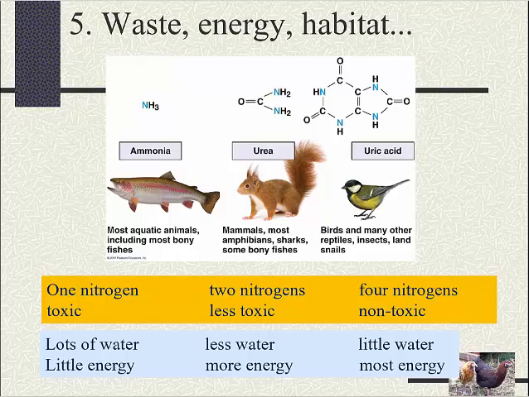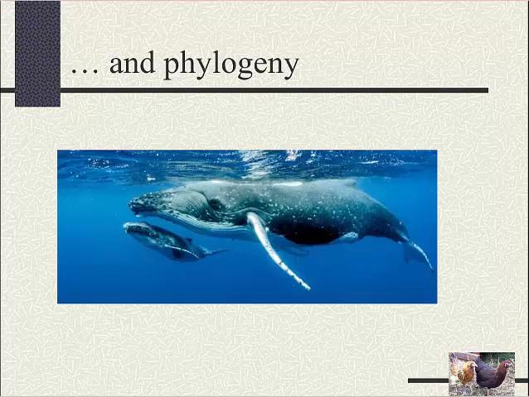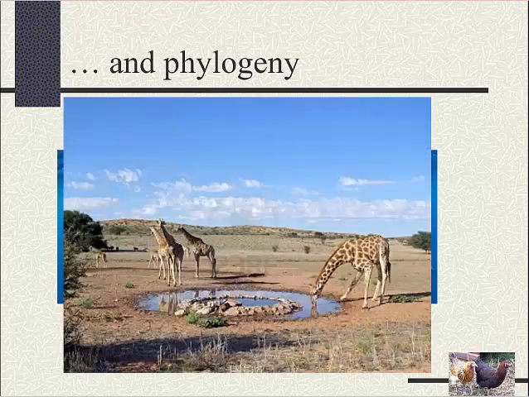So the choice of waste product links to the energy need and availability of the different organisms, their habitat, whether there is water or not, and their phylogeny, meaning their evolutionary relationship, their ancestors, what was present in the ancestor, which explains why marine mammals are not excreting ammonia.